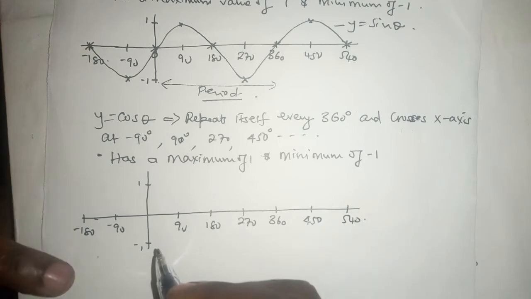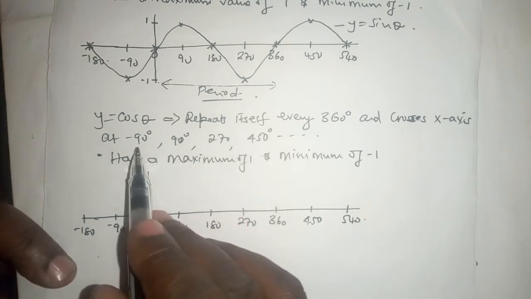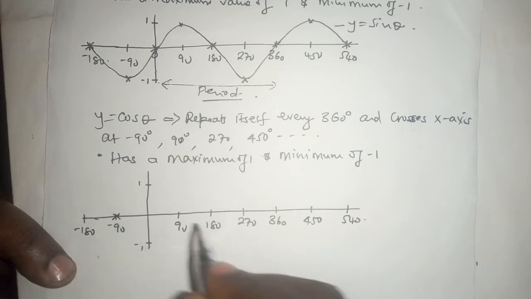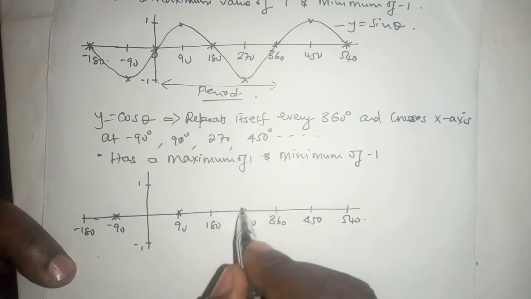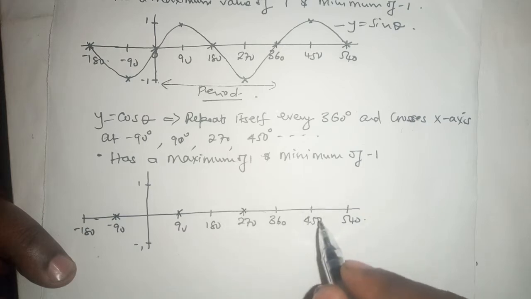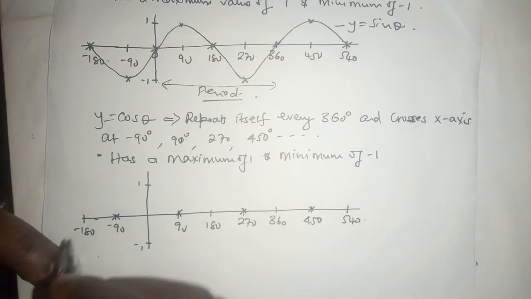To start with, it crosses the x-axis at negative 90, at 90, at 270, and of course at 450, moving forward.